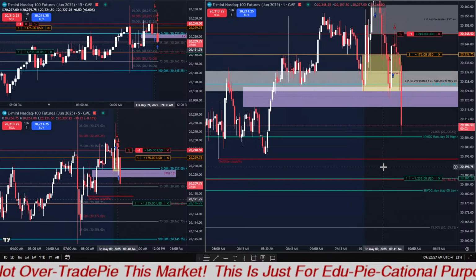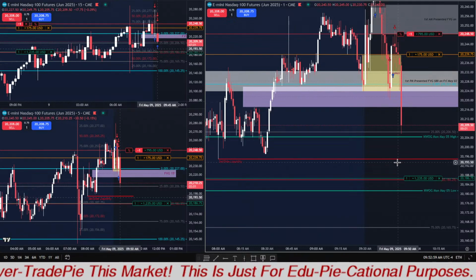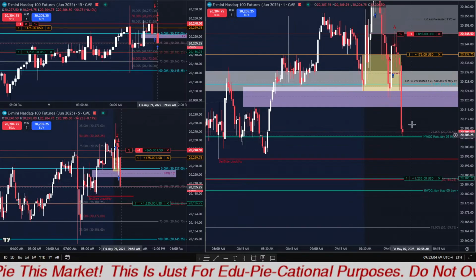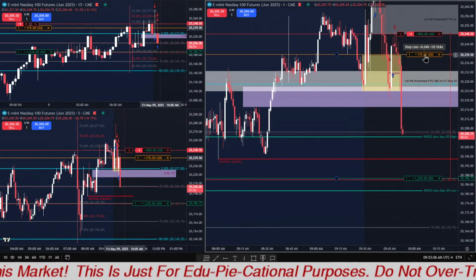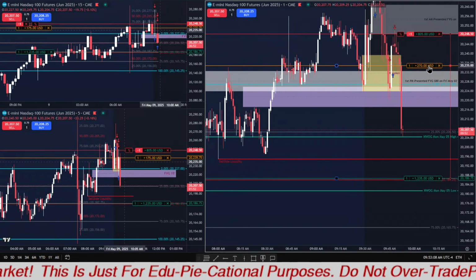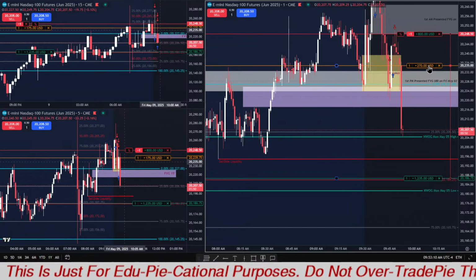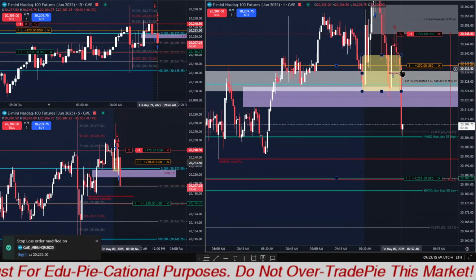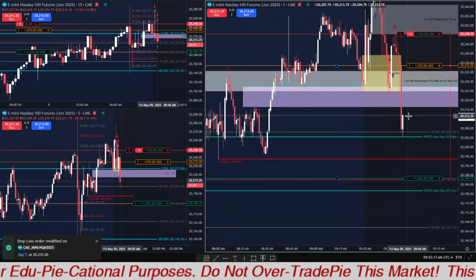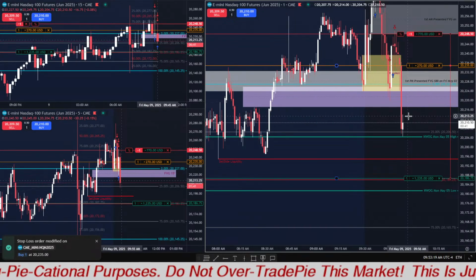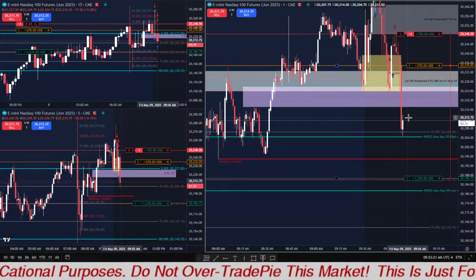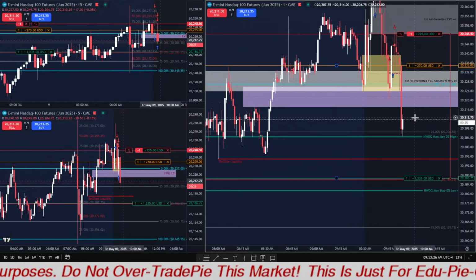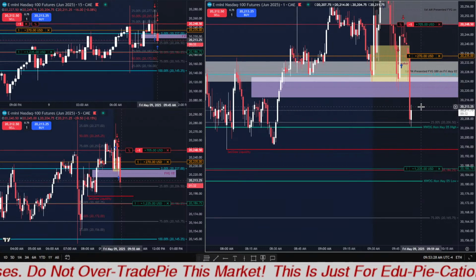We reach the upper quadrant of the open range gap. Placing my stop loss above the opening price of this candle because I'm not expecting to see any run higher from that area, and by doing this I'm feeling a little safe.